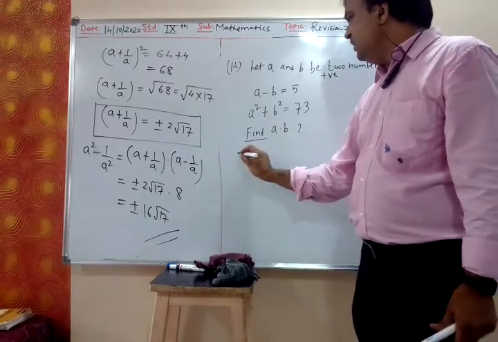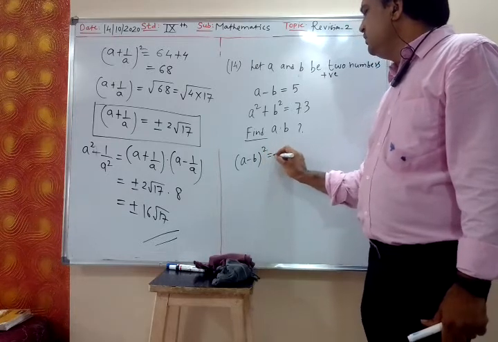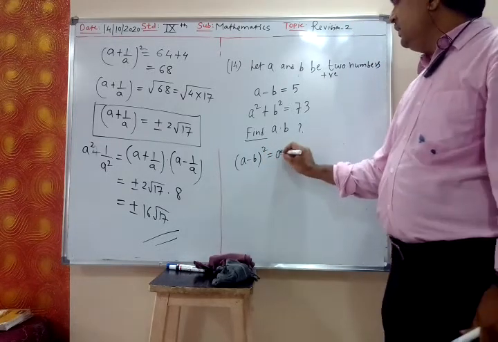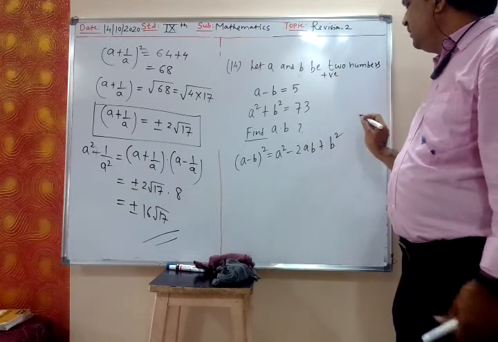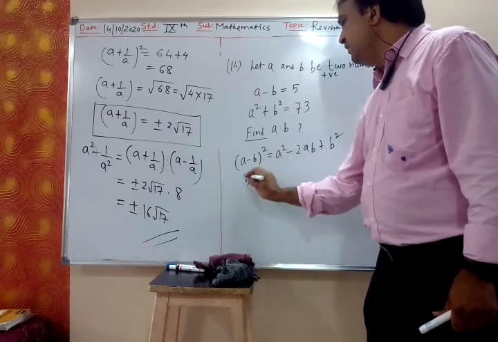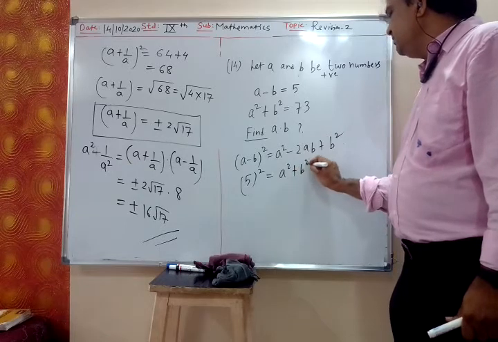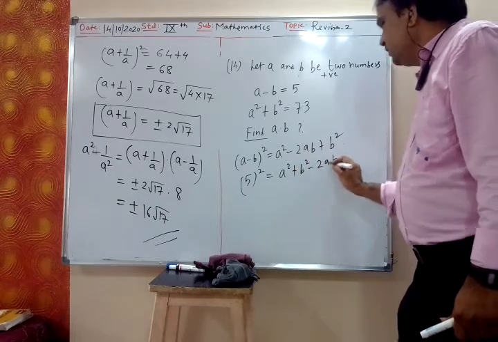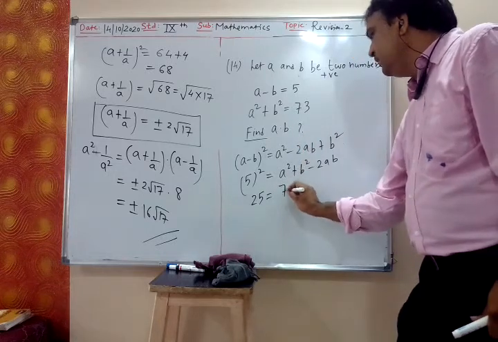So now we consider a minus b whole square. What is a minus b whole square? A square minus 2ab plus b square. Now a minus b value is given as 5, so 5 square is equal to a square plus b square minus 2ab. So 5 square is 25. A square plus b square is given as 73 minus 2ab.